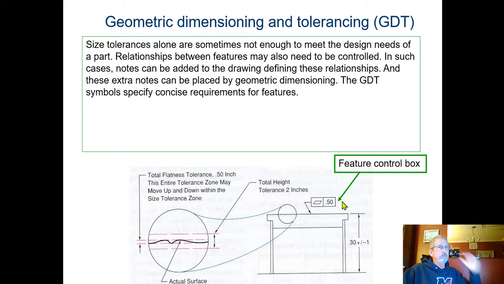So we put in a feature control box, and it has a symbol that says this tabletop needs to be flat within 50 hundredths of an inch. So they need to make it a little bit smoother, okay? That entire area there is very important.